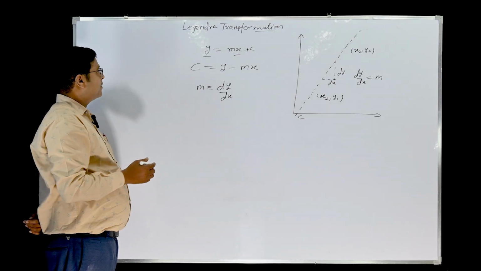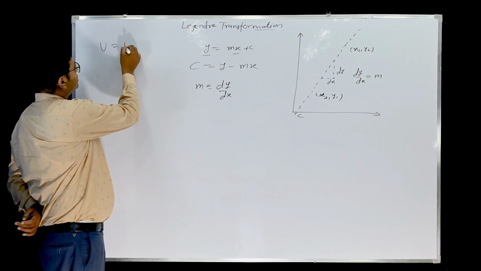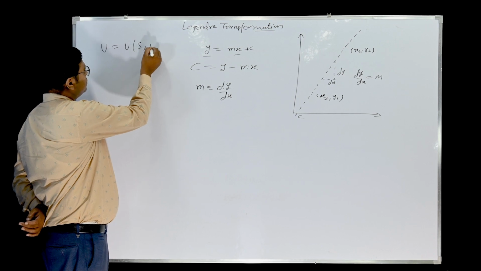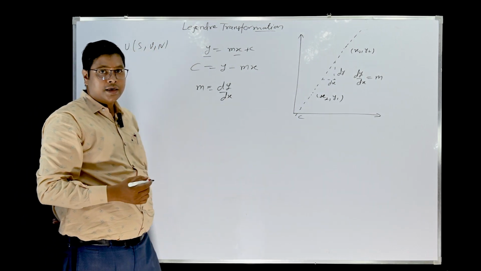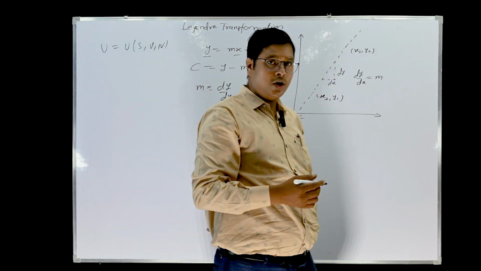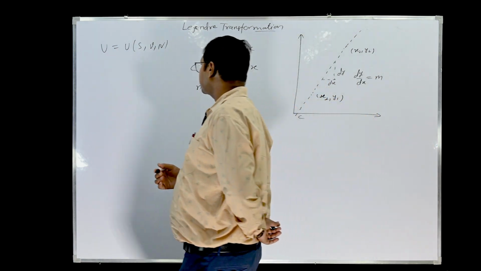For this, we know that the internal energy U is a function of S, V and N, where S is entropy, V is volume, U is internal energy, and N is the number of components.